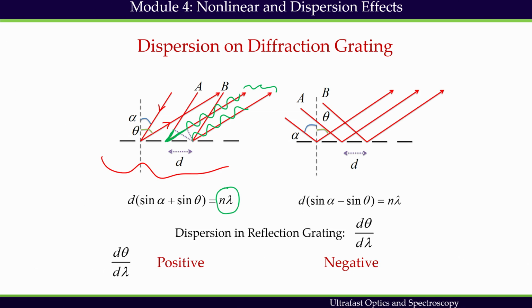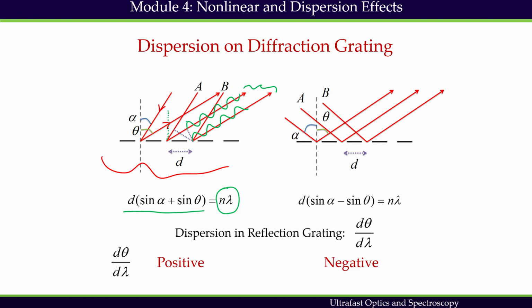And how do we get that length? This is the extra length which will be traveled by the beam A. So we have to get that length. We can get this length by employing trigonometry.